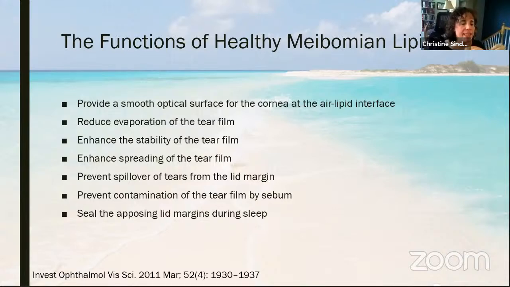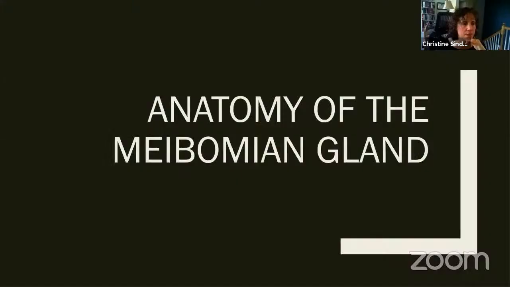It prevents contamination of the tear film by other oils, bacteria, and things that are on our skin. And when we sleep, it's the meibum that seals the eyelids together so that we don't have increased evaporation while we sleep. And of course, if you have a dysfunction in the meibum, you have a dysfunction in all of these properties on the surface of the eye.